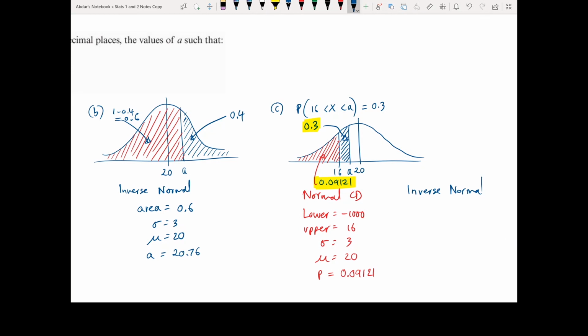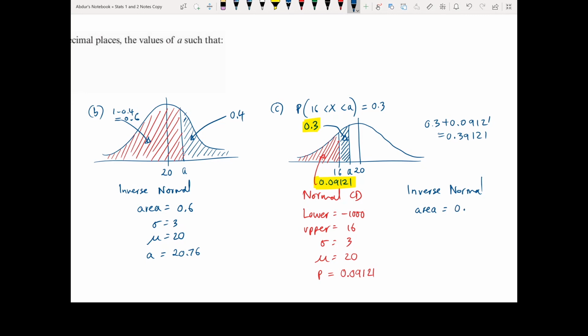So we can go and use our inverse normal now on our calculator. And remember, for the inverse normal, the input is the area to the left of a particular value, and the area that we're going to use is 0.3 added with 0.09121. So let's work out what that is first. That gives us a value of 0.39121.